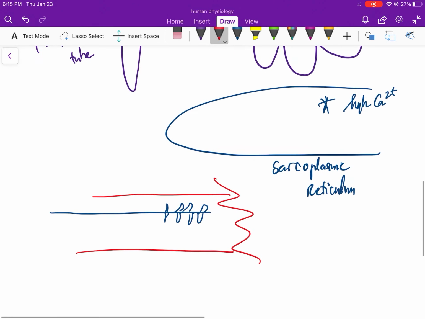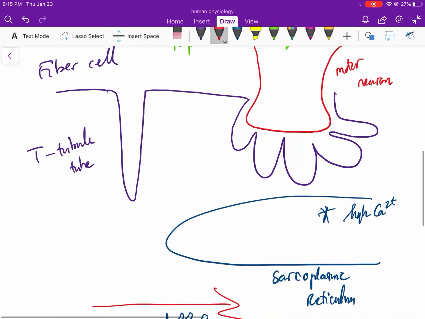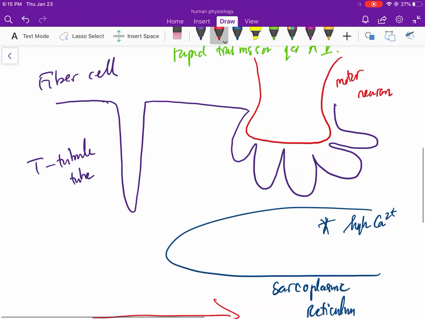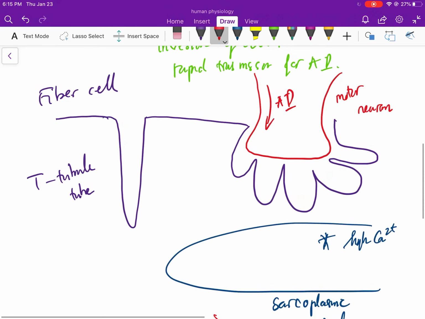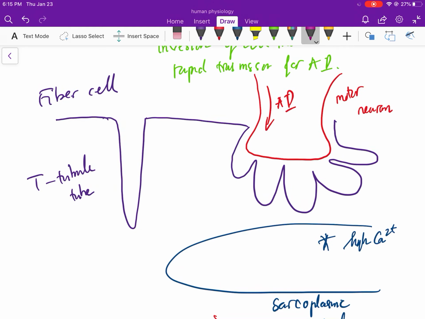Now we will see how the action happens. First, our action potential reaches our motor neuron, and from here it releases a neurotransmitter.